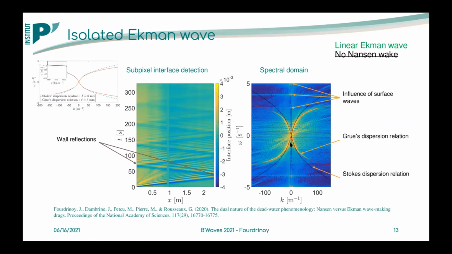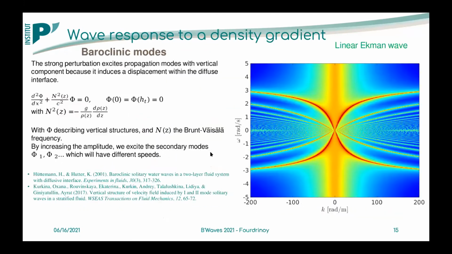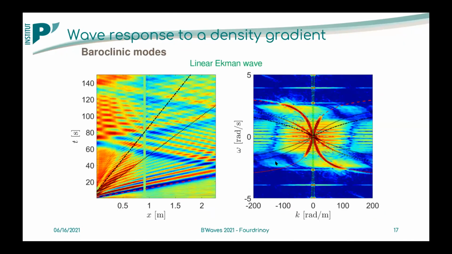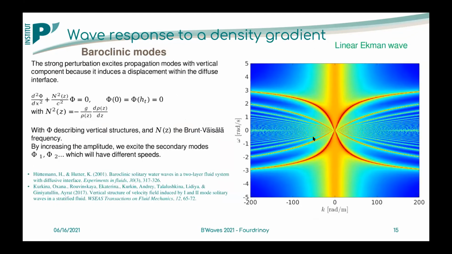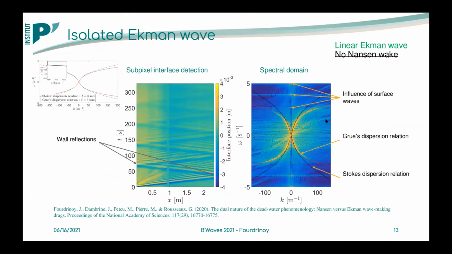This one is baroclinic modes. It's the same as this one. Here I changed the color map to see the baroclinic modes. So in this one you can see the S shape of the mode 1, mode 0, and mode 2. And here you have the influence of the surface waves, the dispersion relation of surface gravity waves.